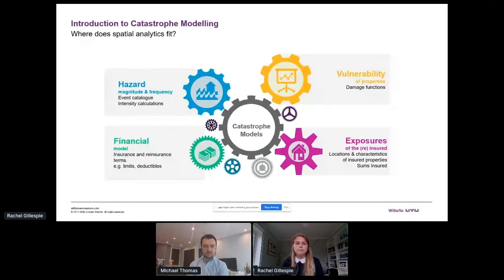We also have to take into account that you might have 2 properties hit by the same event, but they'll have a very different effect. That could be due to their building type. Are they reinforced with concrete? So we're gathering all this information that goes into the CAT model.